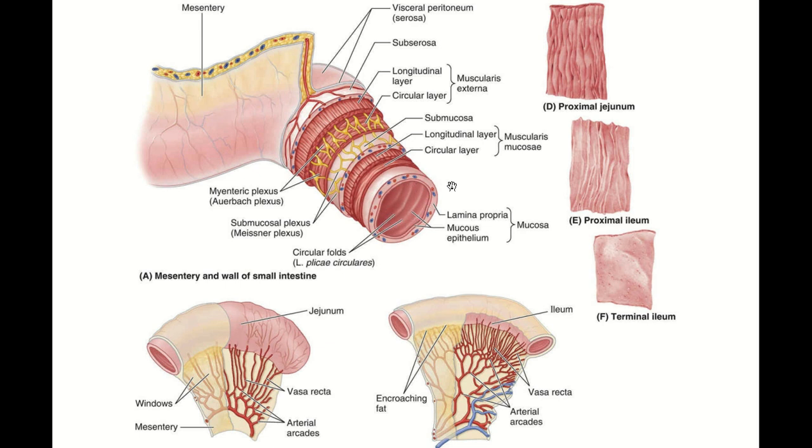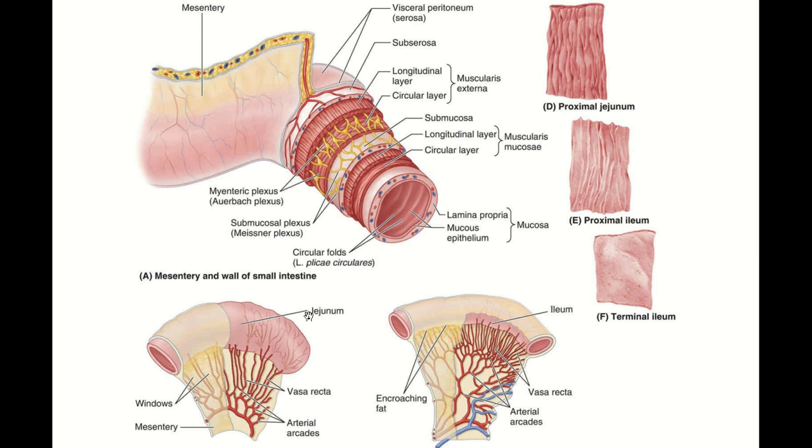We go to the lamina propria, to the muscularis mucosa, then submucosa, circular layer, and longitudinal layer of the muscularis externa. You understand? And then this right here is your mesentery. You can see blood vessels, lymphatics, and nerves, the neurovascular structures being supplied to the wall of your small intestines.